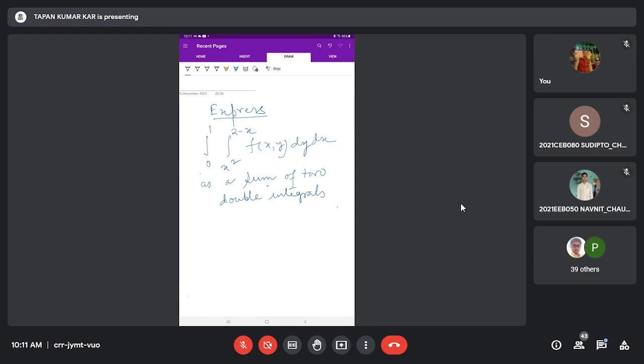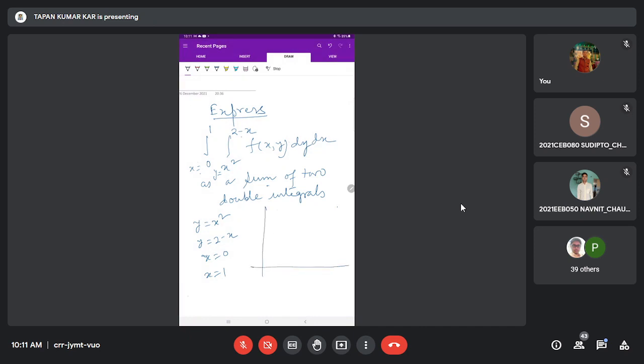So you know that this integral, x square to 2 minus x, is the limit of y, and x equal to 0 to 1, because the x limit is given in terms of x, meaning it is the limit of the y variable. So draw the picture: y equal to x square, y equal to 2 minus x, x equal to 0, x equal to 1.